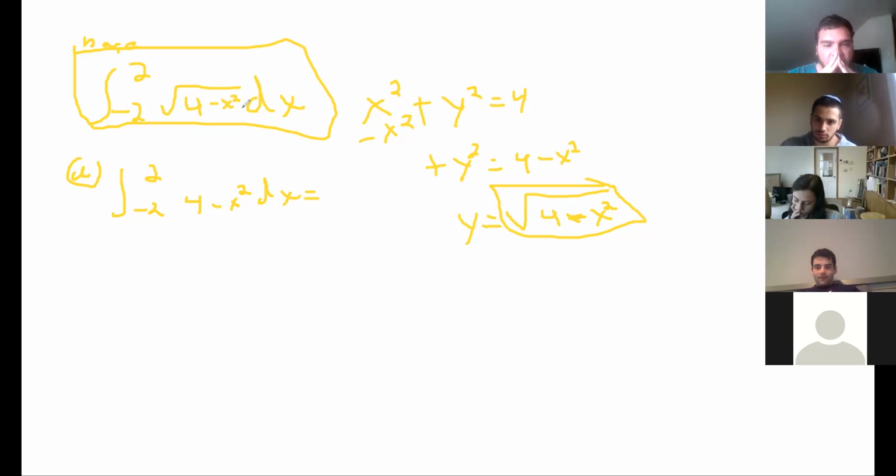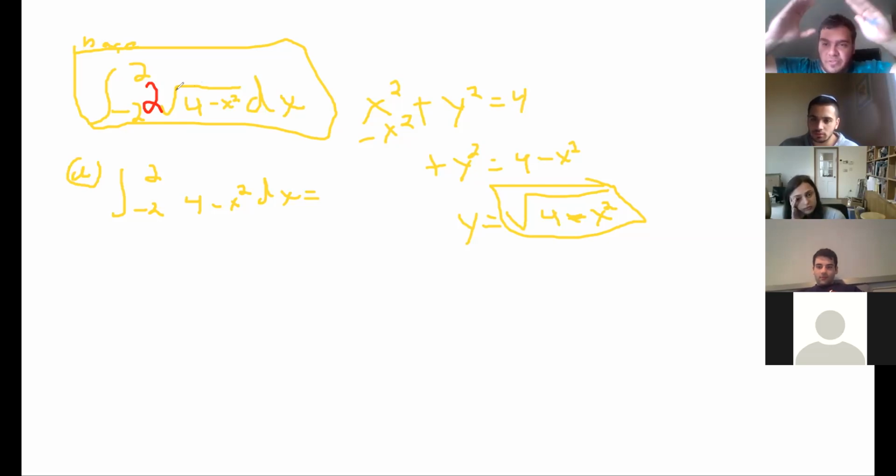So I think what you have to do is times this by 2. The reason is because you're taking the area of the top and the area of the bottom. You're taking the area of the top curve, which is the only functioning part, because you can't have two y's at the same time.